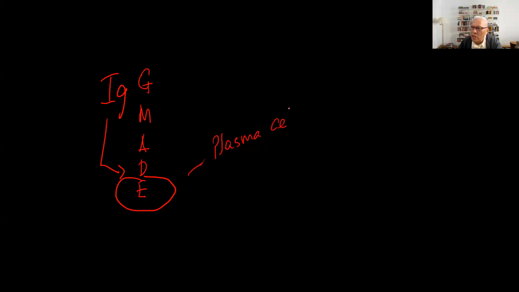You might have heard of IgM, IgA, IgD, and IgE. Immunoglobulin E is a type of antibody that is sensitized and released by plasma cells.